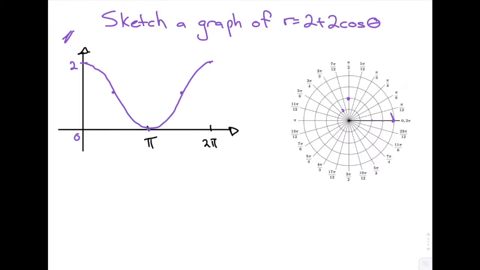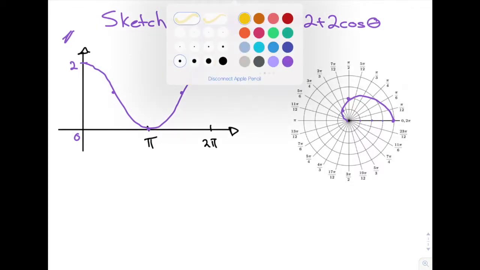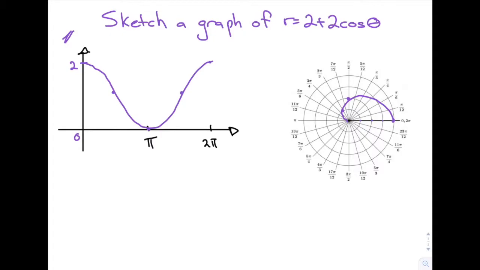The shape of this graph is kind of like a nautilus shell. You start out here, trace around and in on the top half, and then it's going to repeat itself, right? If we look back at our rectangular coordinate graph of 2 plus 2 cosine theta, we pick up at the smallest value, 0, and then increase slowly, and then quicker and quicker, and slow down till we come back to 2.